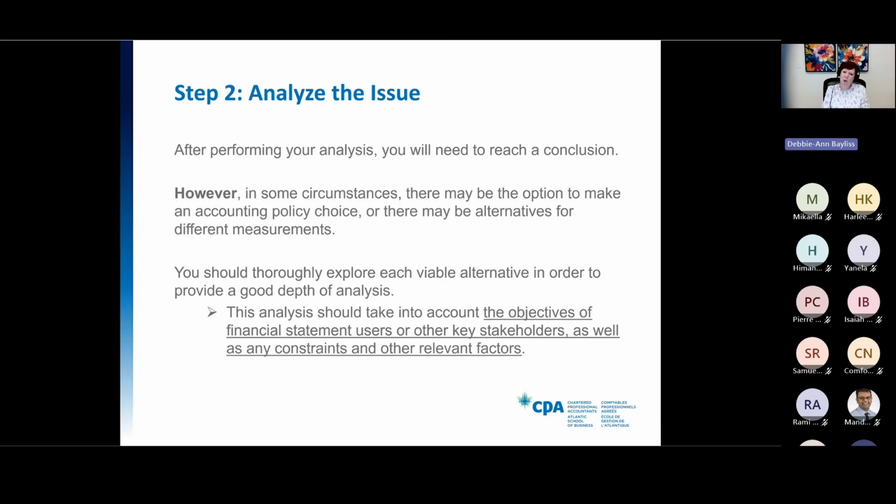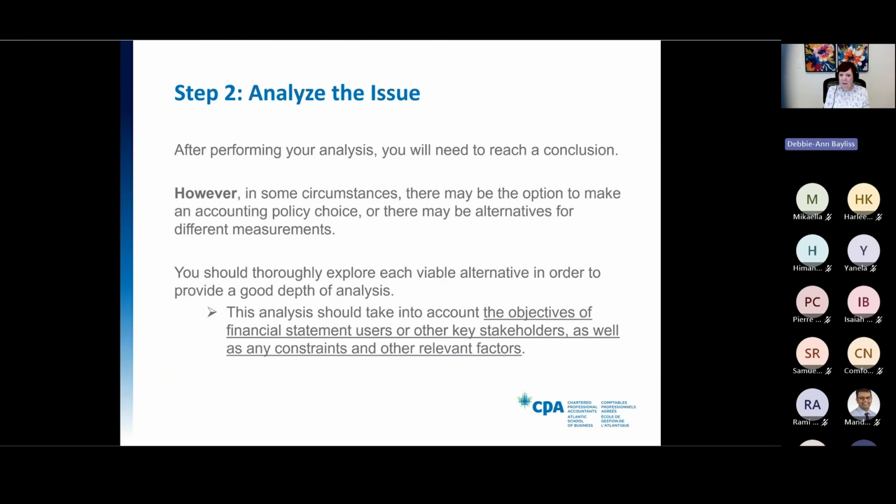So after you've performed your analysis, normally you end up providing the user with a recommendation. However, in some circumstances, the user has an opportunity, they have an accounting policy choice. And if that's the case, then you need to explain the choice and you need to consider the user's objectives. So let me give you an example.